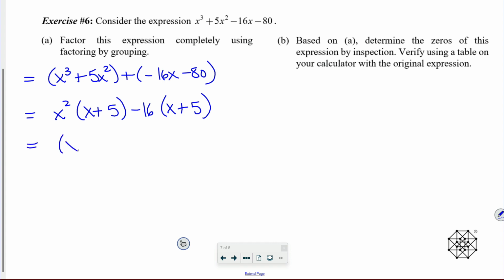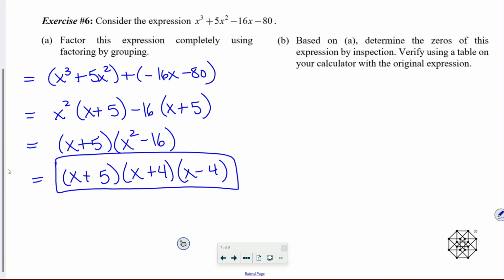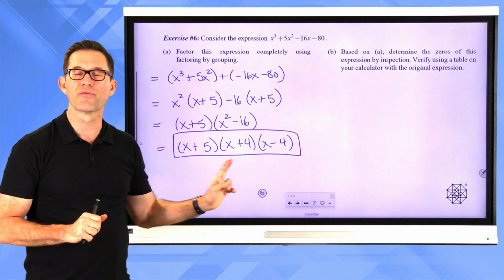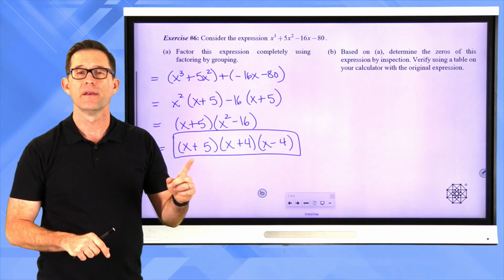I can then rewrite this as x plus 5 times x squared minus 16, and I can factor that x squared minus 16 as the difference of perfect squares, x plus 4 times x minus 4. All right, there we go. And x cubed leads to the product of 3 binomials often. Not always, but often.